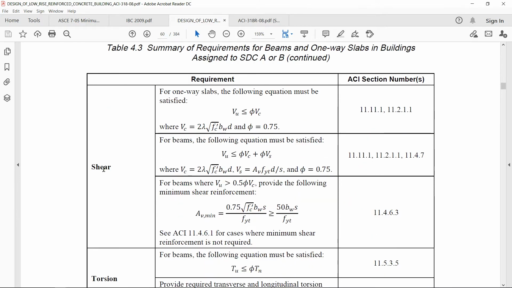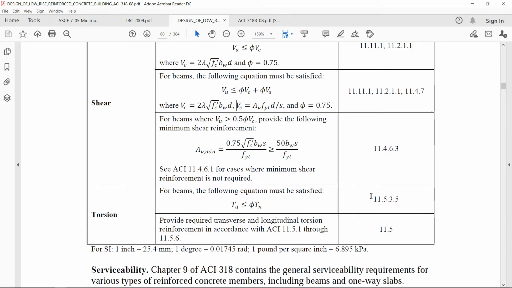Then you have to check shear. All the requirements for shear you have to check, and that should be done according to sections 11.11.1, 11.2.1 and all of chapter 11 for shear. For torsion also, 11.5.3 or 11.5, you have to check the torsion conditions.